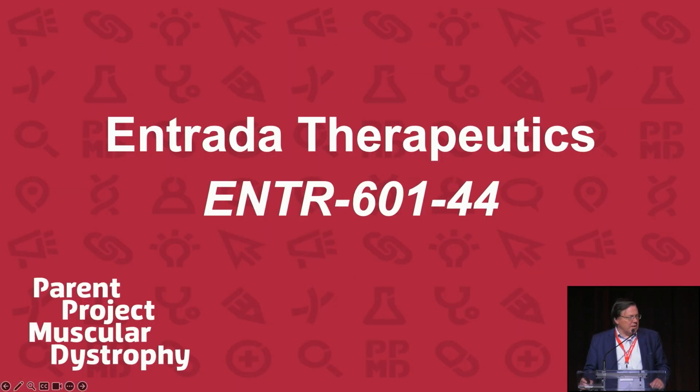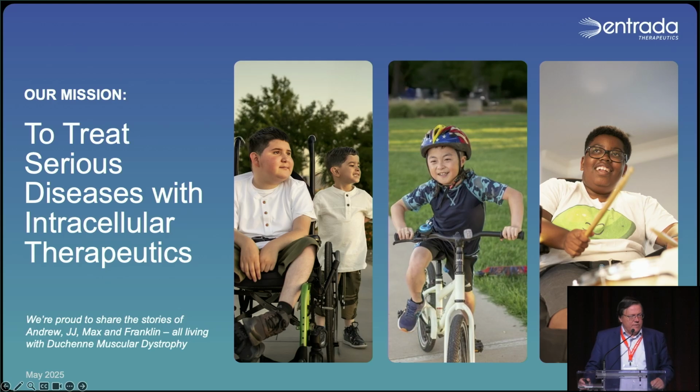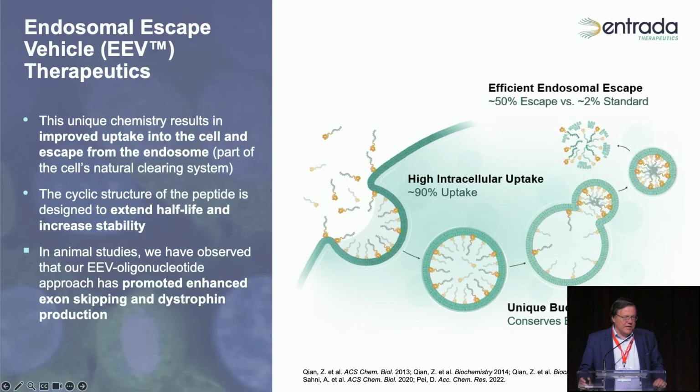So I'll talk next about Entrada, which uses yet a different way to get antisense oligonucleotides into the cell. I'm going to skip over some of this to say what the idea here is. Because the targeting is inside the cell, they're using something called the endosomal escape vehicle, sort of an envelope, a way to package antisense oligos to improve uptake into muscle.